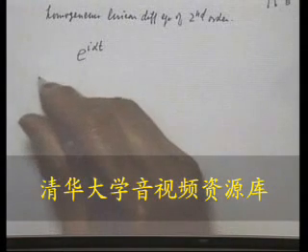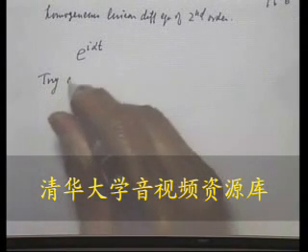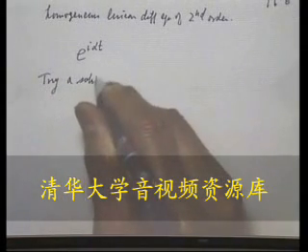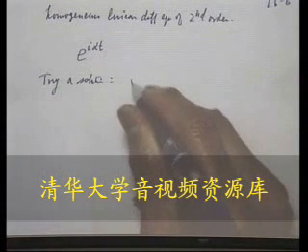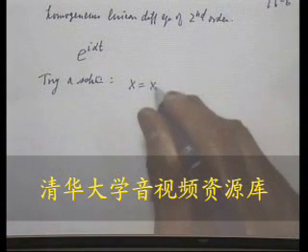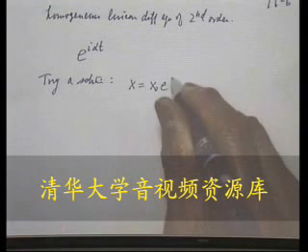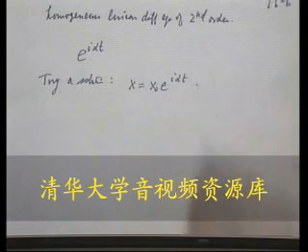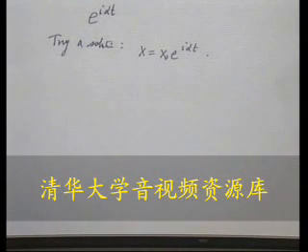So we try a solution. We try x is equal to x0 times exponential i alpha t. How do I know I should try this? I just said that because when I differentiate, I get this back the same.